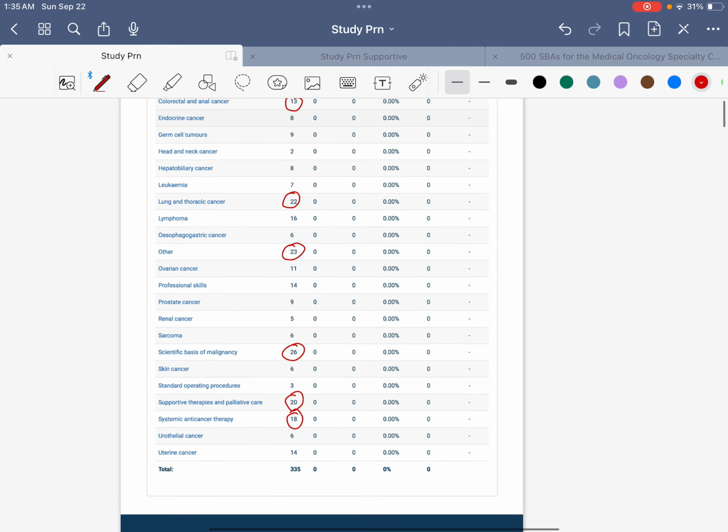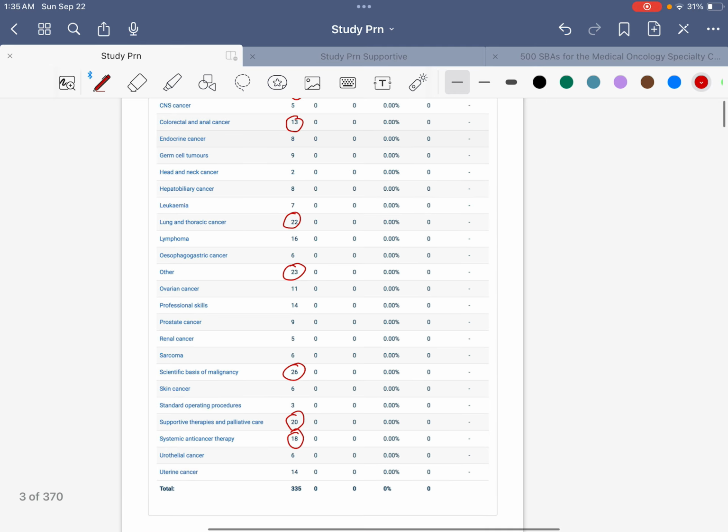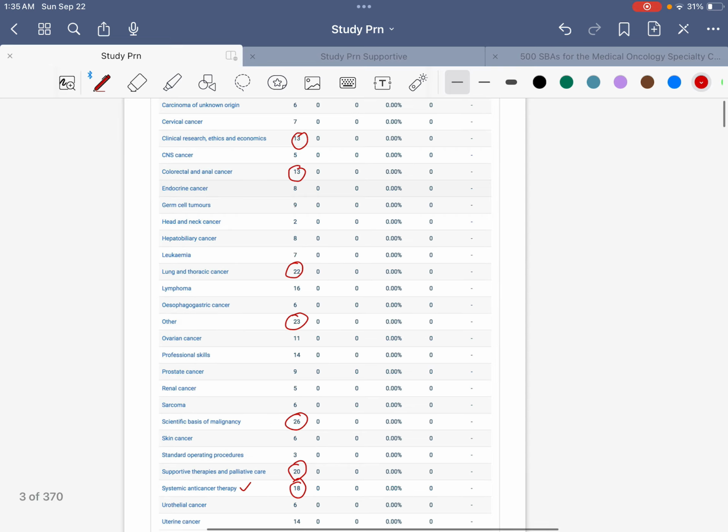But when I look at the number variations, they have a few more questions on systemic anti-cancer therapies and lung and thoracic cancer, but fewer questions on head and neck cancer, because radiotherapy is the most important part of its treatment. They have fewer questions on renal cancer and urothelial cancer, only 6 questions, or uterine cancer, but more questions on lymphoma.